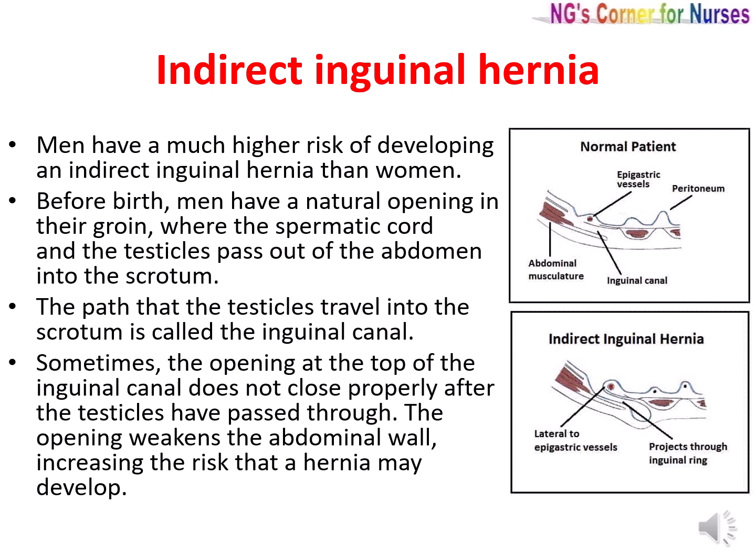Sometimes the opening at the top of the inguinal canal does not close properly after the testicles have passed through. The opening weakens the abdominal wall, increasing the risk that a hernia may develop. And this is called a congenital weakness because it is present at the time of birth. Women also have an inguinal canal, but they are far less likely to develop a weak spot in this area because they do not have a spermatic cord passing out of the abdomen.